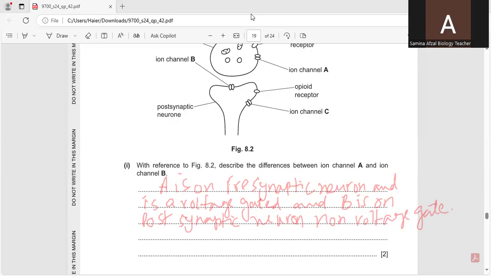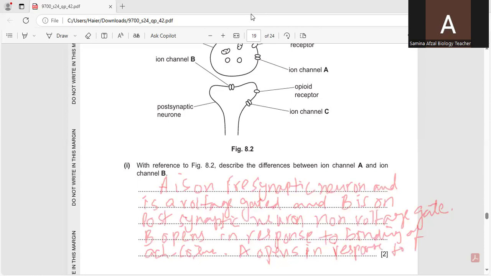So B opens in response to binding of acetylcholine. A opens in response to action potential. In other words, we can say it opens when the action potential is reached over there.